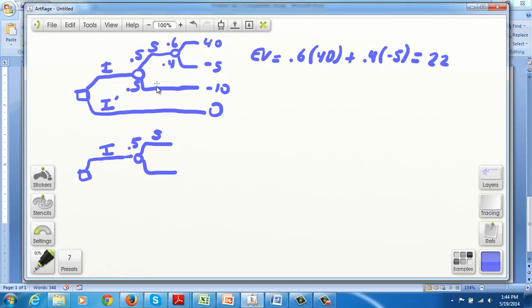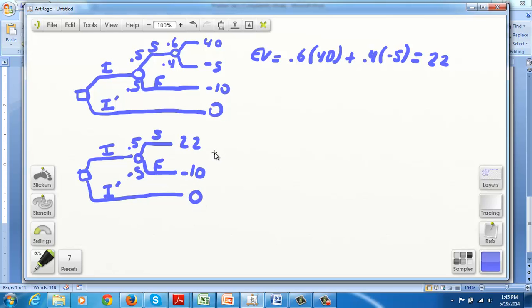Success and fail, 0.5. And now we have the expected value 22. So this little subtree collapses to 22 as the expected value. And this is going to be a minus 10. Then my not invest branch is still 0.